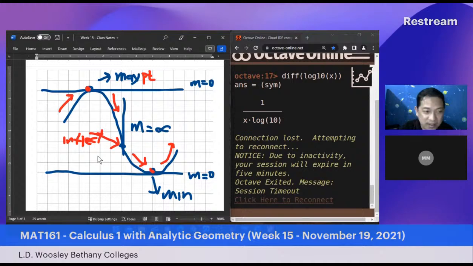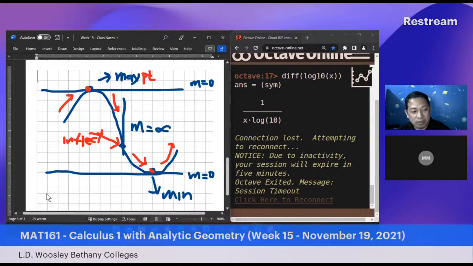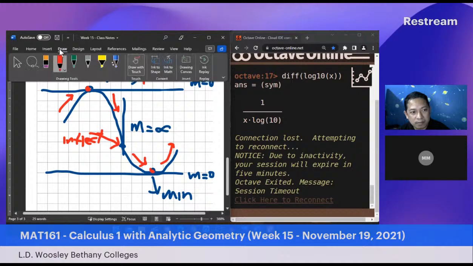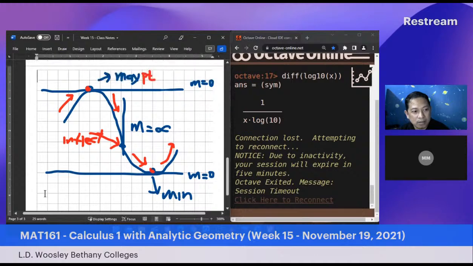Kumbaga, yung tatlong yan, that's what we call critical points of a function. So, we call it critical point.